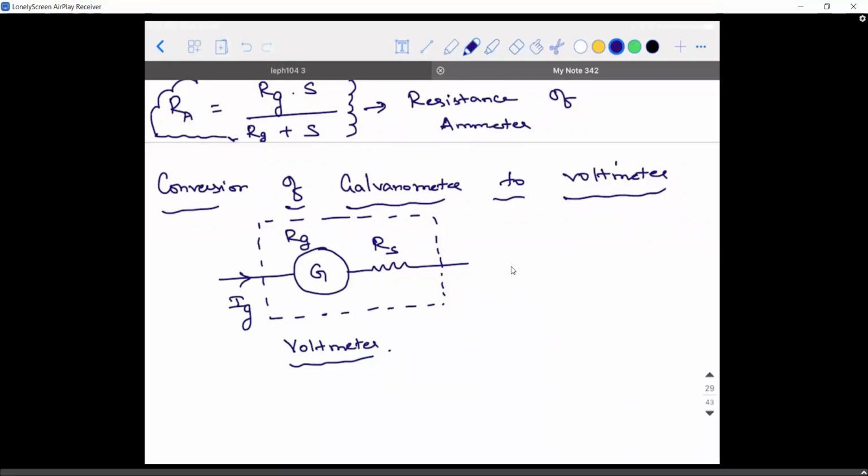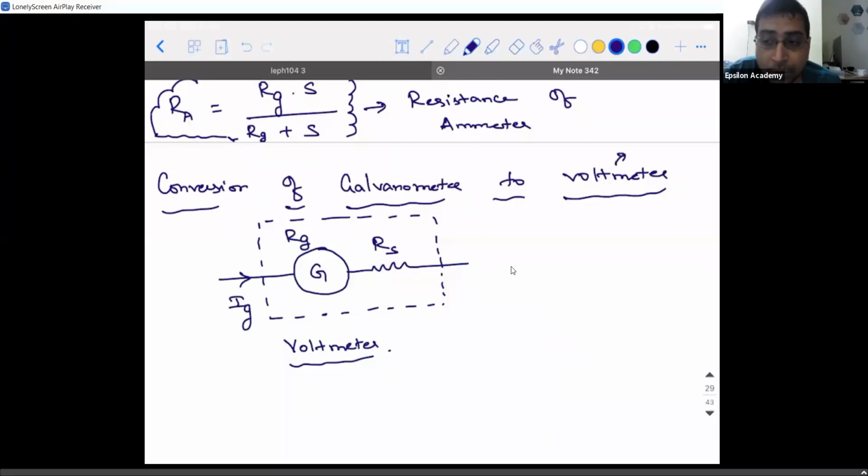Then here, RA will just be RG plus RS, right, sir? RB, resistance of voltmeter.